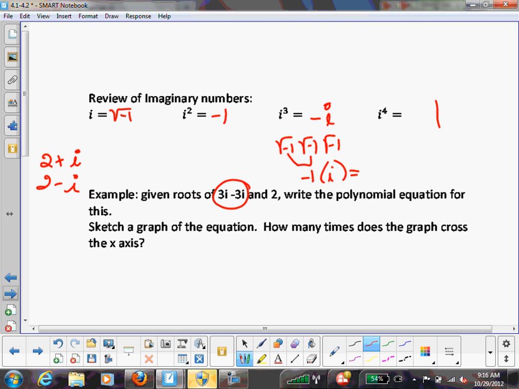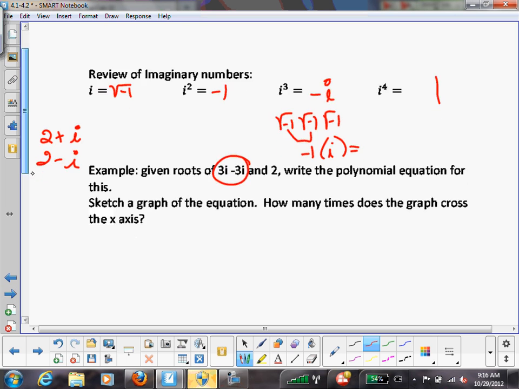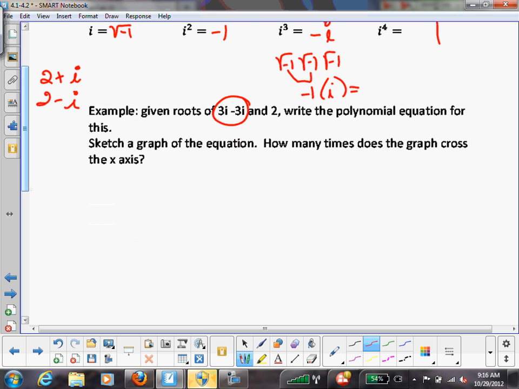Okay? All right. Write the polynomial equation for this. Well, remember, if I'm giving you roots, these are your x values. Wouldn't you agree? That meant x is equal to 3i, x is equal to -3i. That's how we got our roots. Now, we got our roots because we had them in factored form, right?